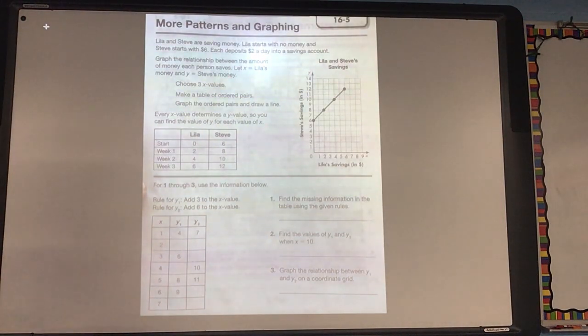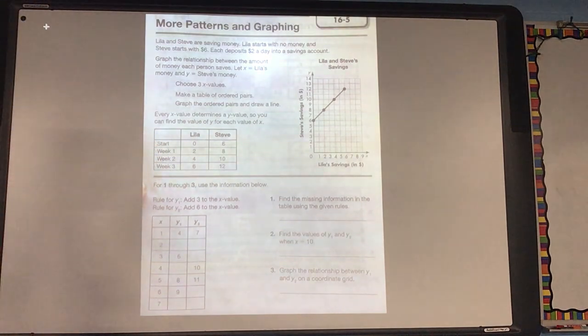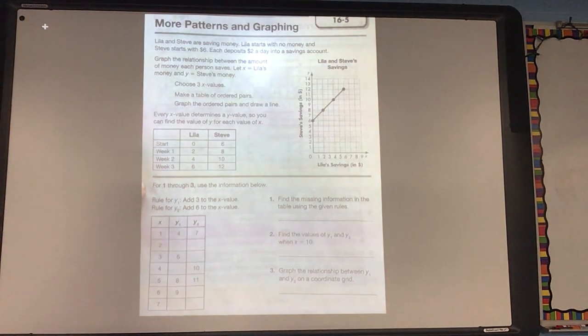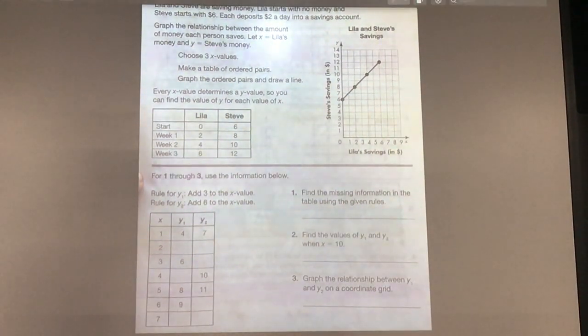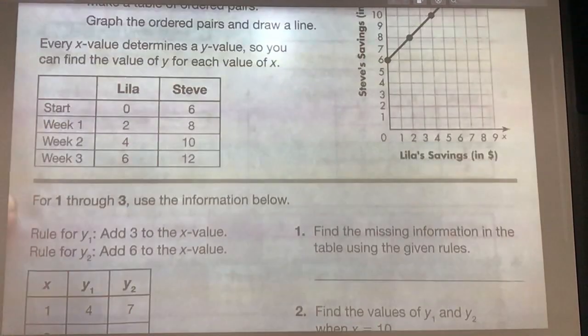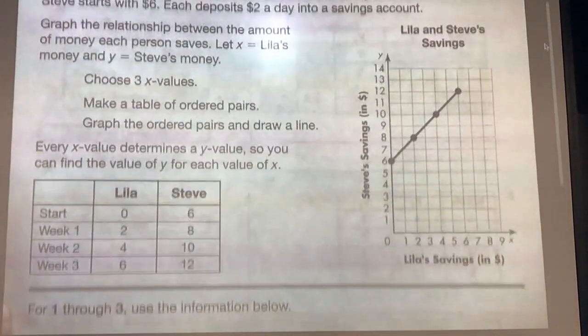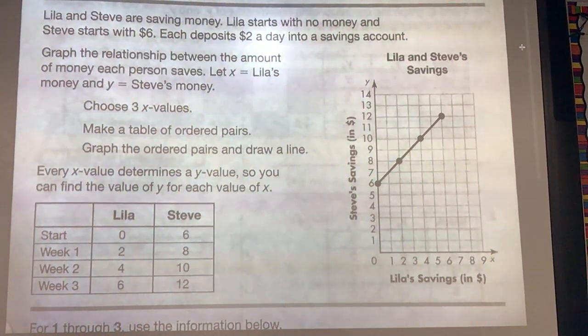So they have a scenario up here with Lila and Steve. Lila and Steve are trying to save money. I'm going to zoom in here so you guys can see a little bit better. And who doesn't want to save money, right?